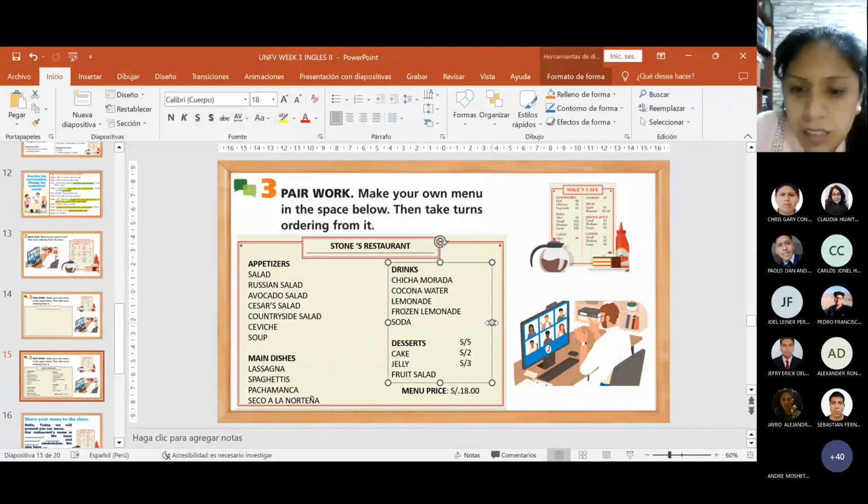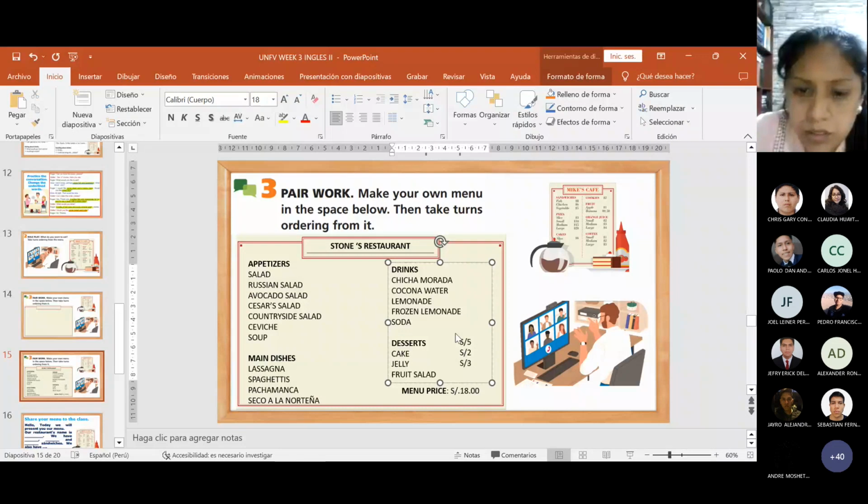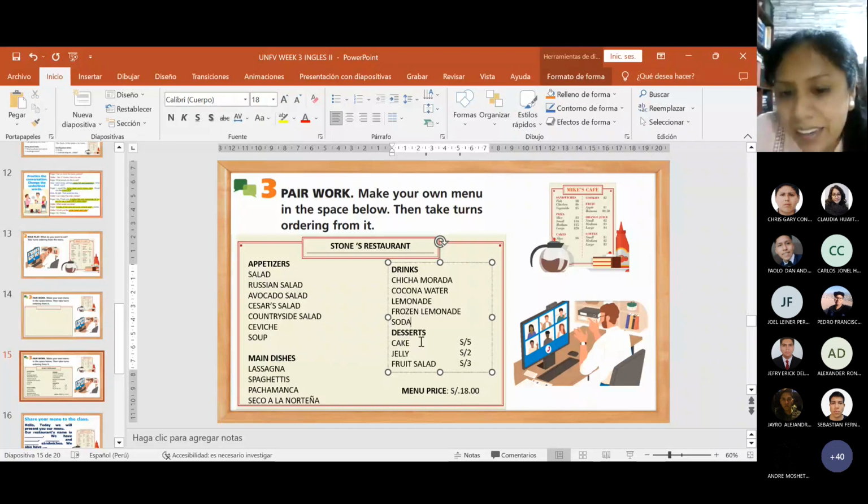Desserts, maybe the desserts could be a cake, a slice of cake, jelly, a fruit salad, and the prices. Or maybe the price of the menu, 18 soles.